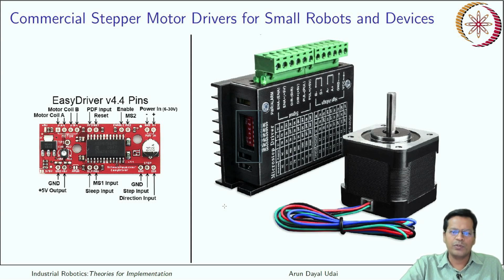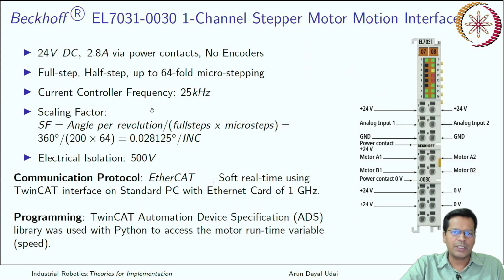We'll be using even higher up in the industrial sense. This time I'll be using a Beckhoff EL7031 series one, which has one channel stepper motor motion interface. It can handle almost 24 volt stepper motors and 2.8 ampere of power contacts without any encoder.